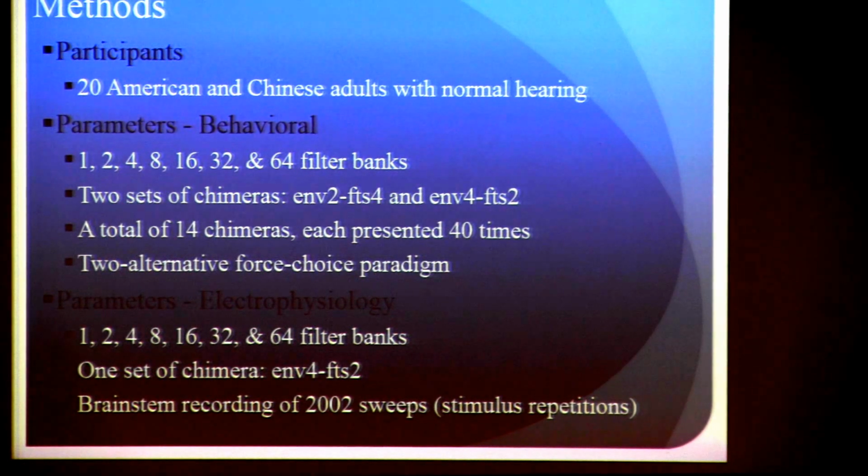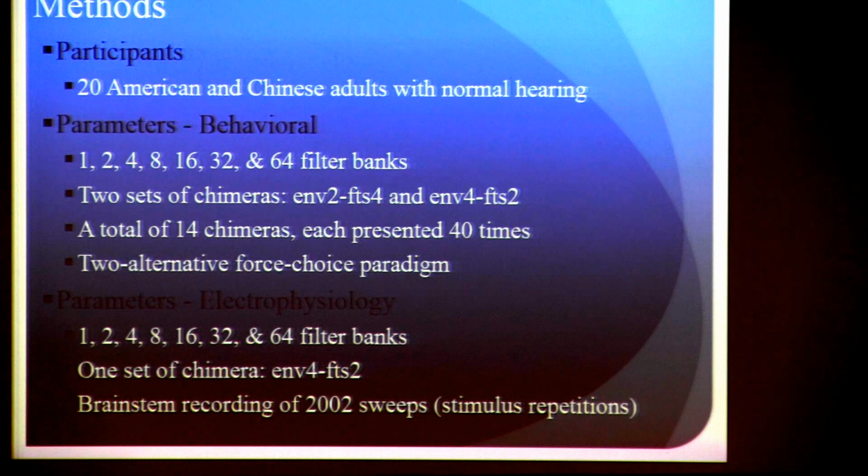Through a forced choice paradigm, they had to decide whether they perceived hearing E2 or E4. For the electrophysiological portion, one set of chimeric stimuli was used: envelope 4, fine structure 2. The chimera was run through the 7 different filter banks, 1, 2, 4, 8, 16, 32, and 64, and was presented for a total of 2,002 collected sweeps.